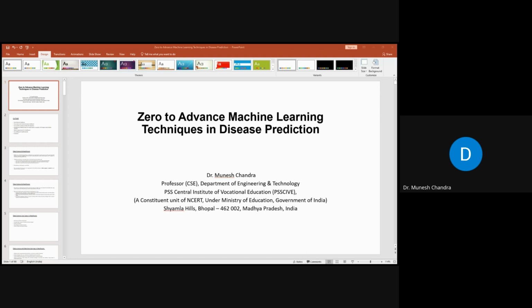Today we will discuss some of the basic concepts of data science and machine learning, and how they are useful in the diagnosis of disease at an early stage. As we know, data science is closely related to the healthcare domain.